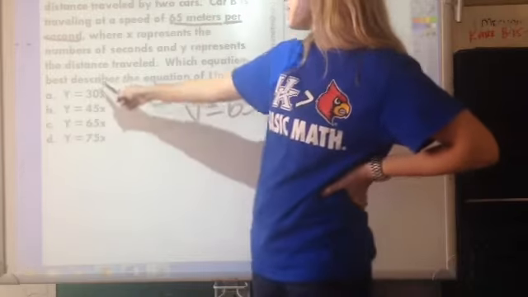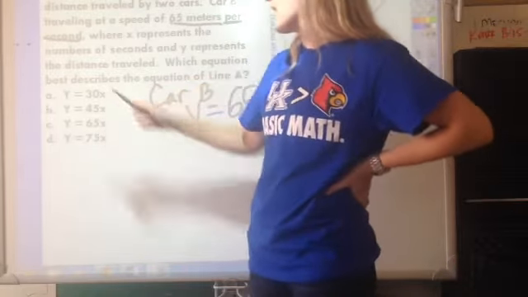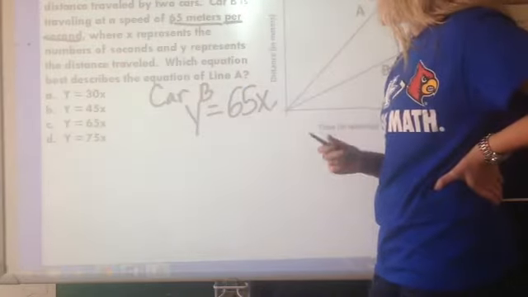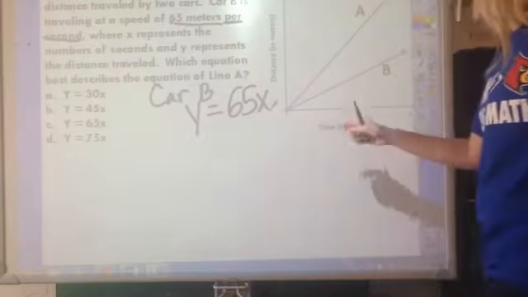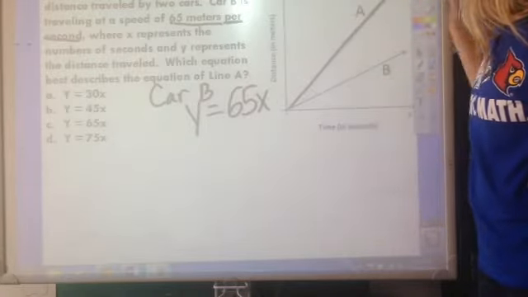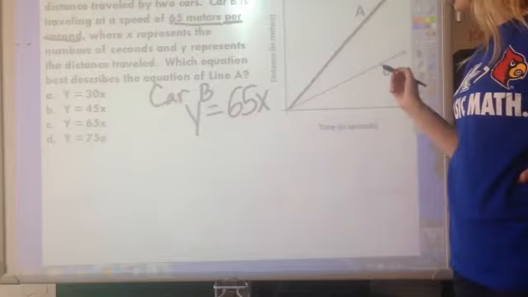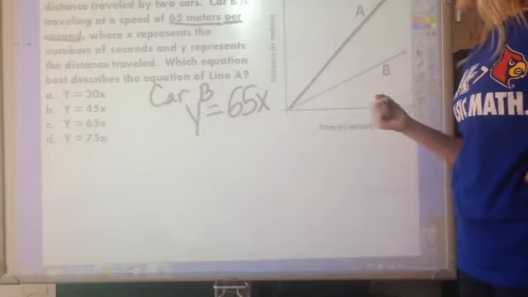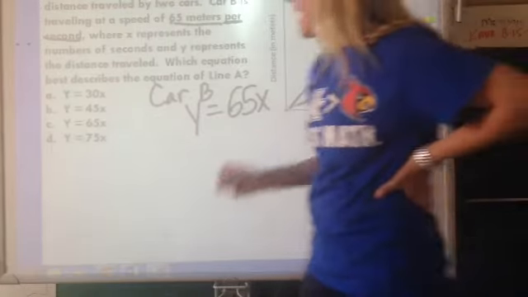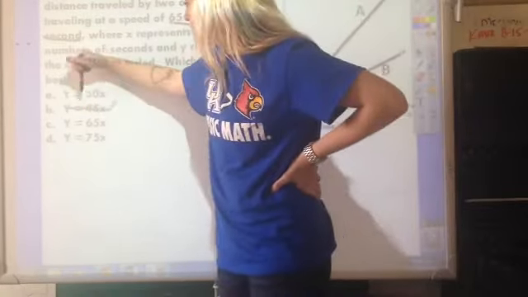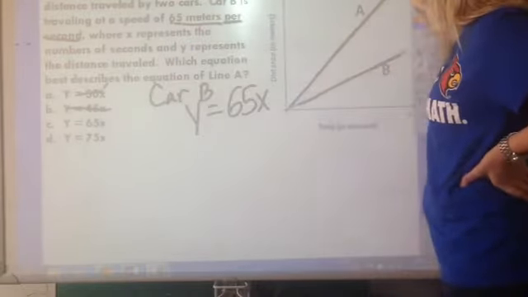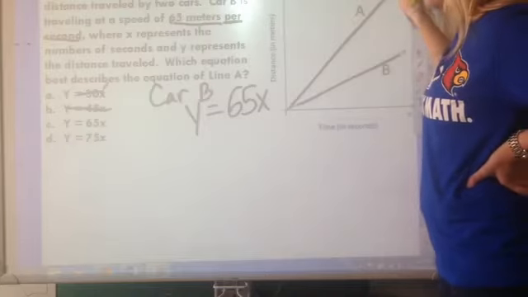So now I want to figure out which equation best describes the equation of line A. Here are my answer choices. Y equals 30x, y equals 45x, y equals 65x, and y equals 75x. Well, I can go ahead and look at my graph and see that because line A is a much steeper line, line A must be traveling much faster than line B, or car B. So I can go ahead and eliminate y equals 45x and y equals 30x because if my line is steeper, it must be traveling at a greater speed.